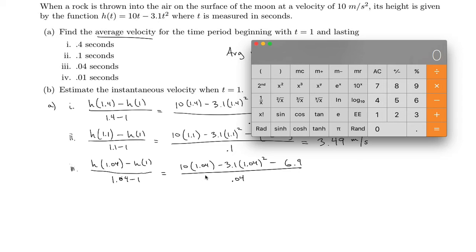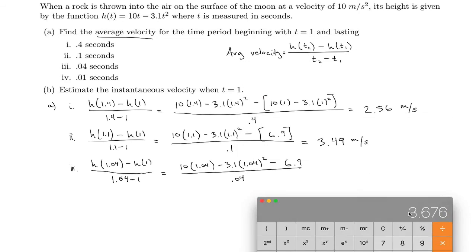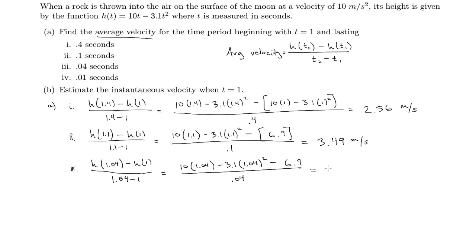So 10 times 1.04 is 10.4 minus 3.1 times 1.04 squared minus 6.9, and then we'll divide that by 0.04. We get 3.676. And that's meters per second.